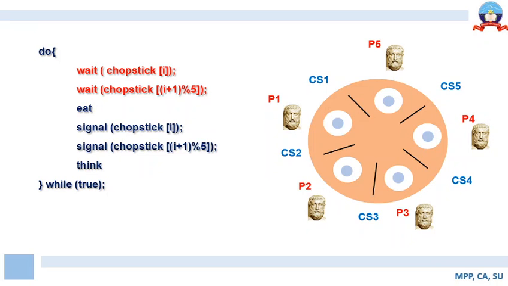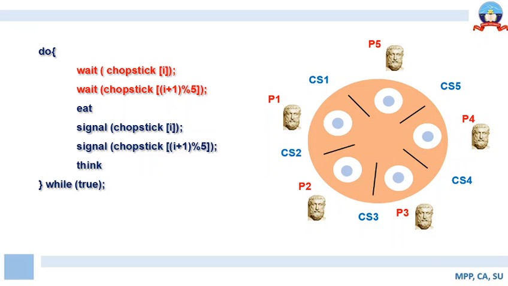So first it will execute a wait on chopstick I. It will execute a wait on chopstick I plus 1 mod 5. We have understood why it's I plus 1 mod 5, because I need to facilitate philosopher number 5 to pick up CS5 and CS1, right?